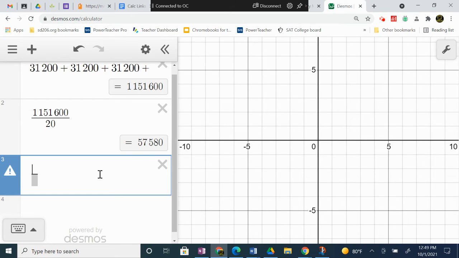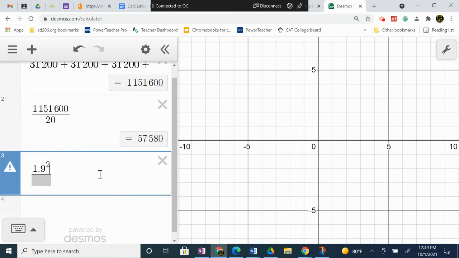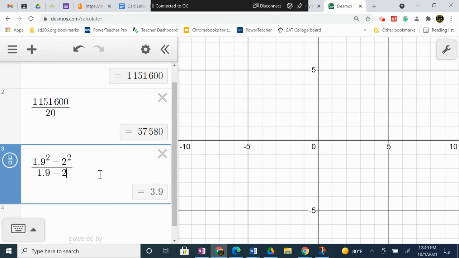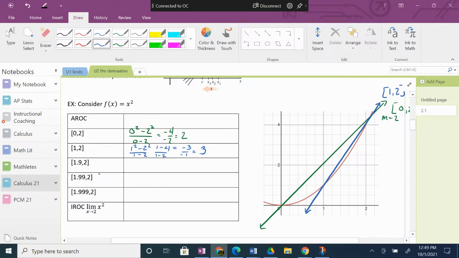This next one is 1.9 to 2. So now we're getting a really small interval. So 1.9 squared minus 2 squared over 1.9 minus 2. I'll change my color.